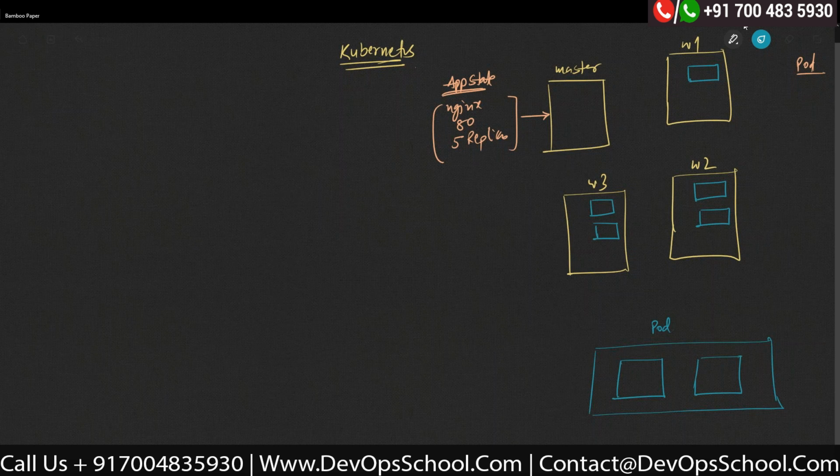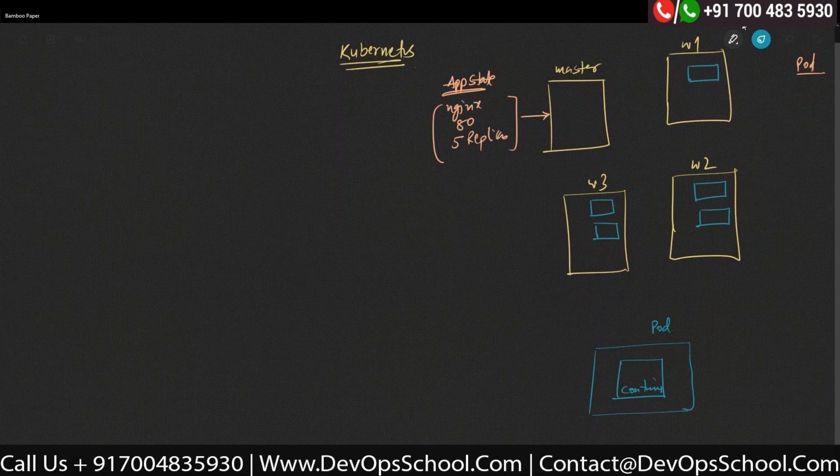Okay, we will come back to this multiple containers inside a pod later, but for now, for the simplicity of the discussion, we will just understand that pods are capsules or encapsulation around a container. Okay, and this gives a capability to Kubernetes to manage the workloads in a much more efficient way.